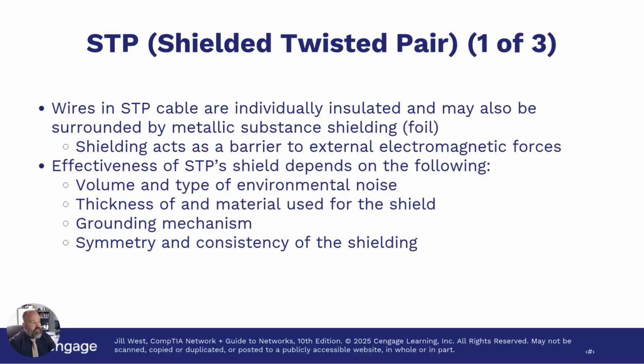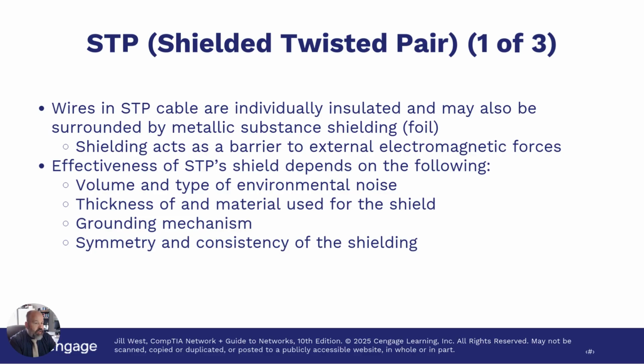So digging in a little bit deeper with regards to the actual cables inside of those Cat5 cables or Cat5e or whatever version you're on, they're individually insulated. They're surrounded by metallic shielding, which is usually foil. The shielding acts like a bodyguard for your data.